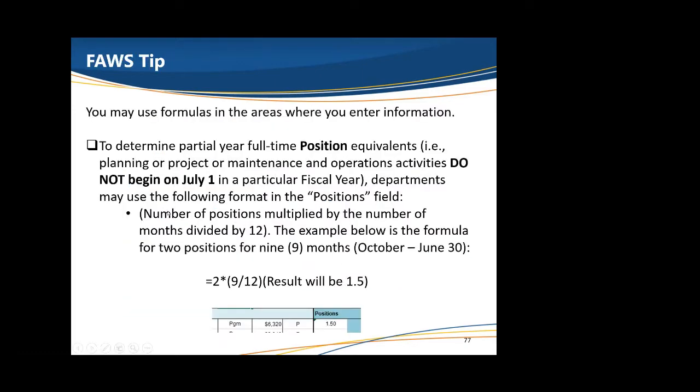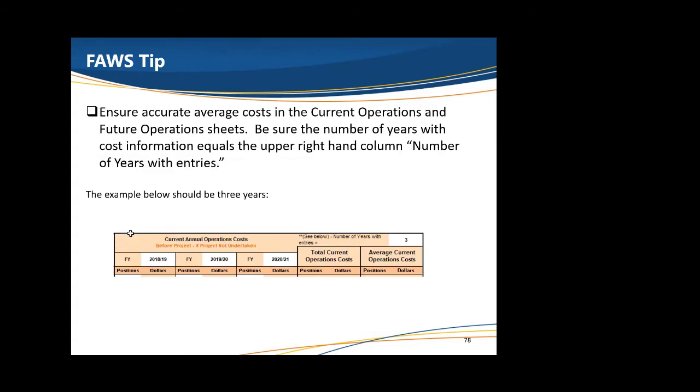Positions, we did that where you could put the number divided by the, like 2 positions and then the number of months. So this is here for your reference in case you wanted to use that. We want to ensure accurate costs in the current ops and future ops by making sure that whatever the entries are, they match the number of entries.